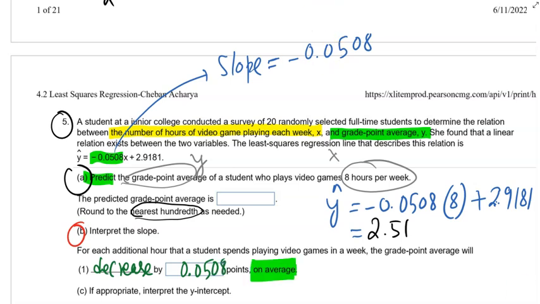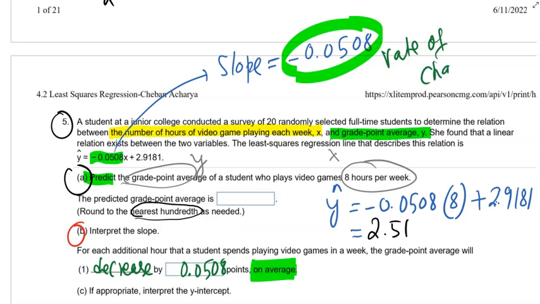Notice that we use the word on average here because we don't say exactly decrease by this number. Therefore we say on average, and this number here is a rate because it's a slope. Remember, the slope is the rate of change.